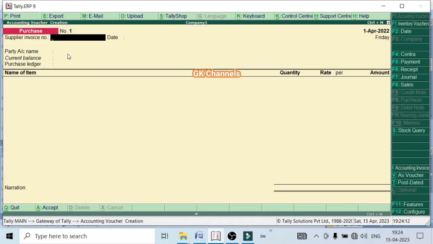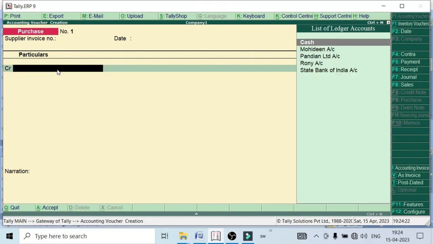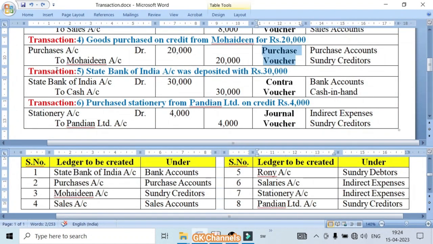Transaction number 4, goods purchased on credit from Muhyiddin rupees 20,000, purchase voucher, F9 purchase. Again this is in single entry mode. I need to change this to double entry mode by pressing Ctrl V in the right hand side vertical bar as voucher button. And credit Muhyiddin account I am selecting.